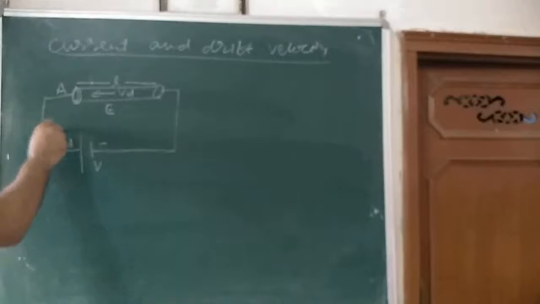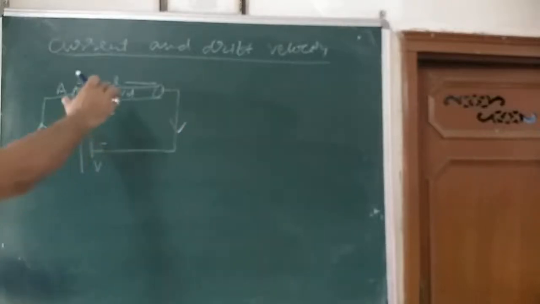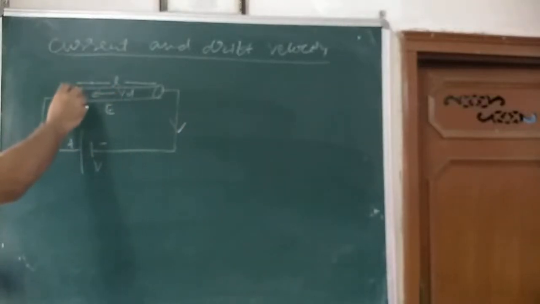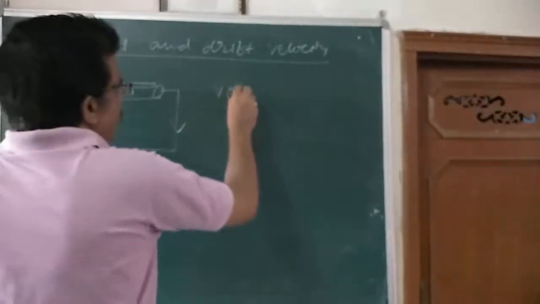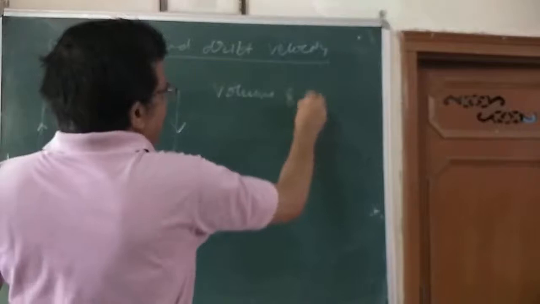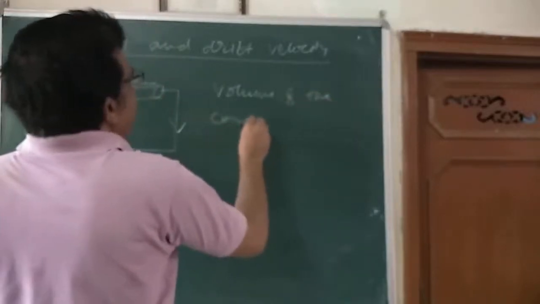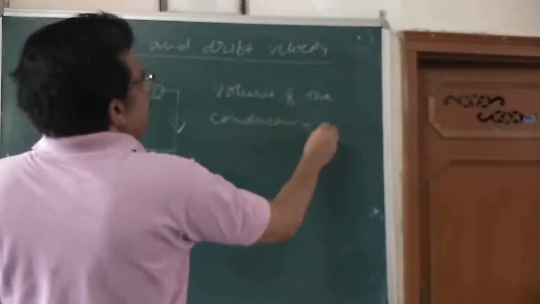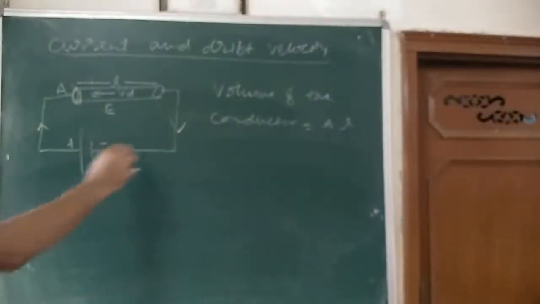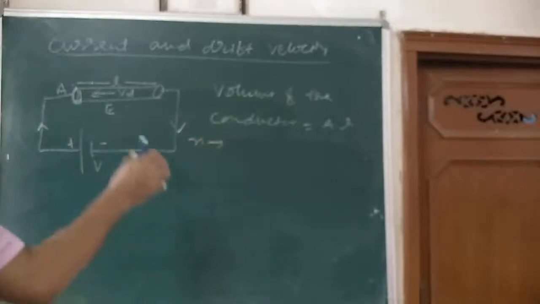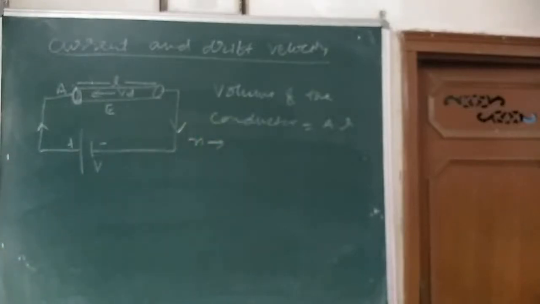Now the current flowing in this direction. Let the conductor, again I am repeating, have a length L and uniform area of cross section A. So the volume of the conductor would be A into L, area of cross section into length. Suppose N is the total number of free electrons per unit volume in the conductor.